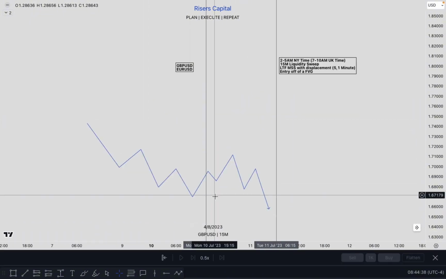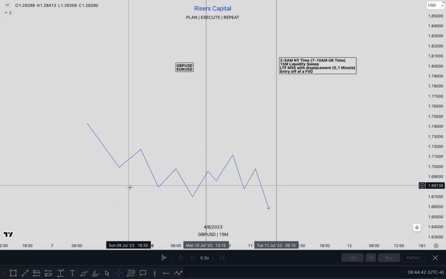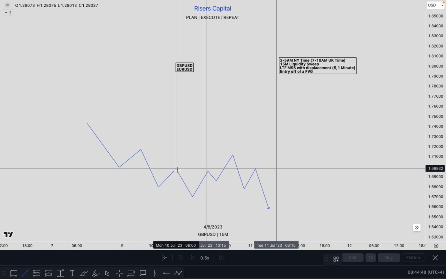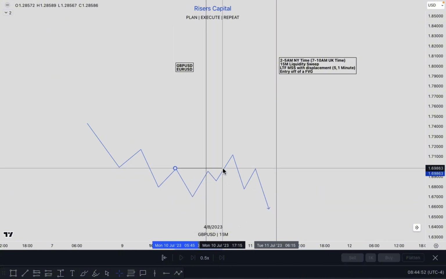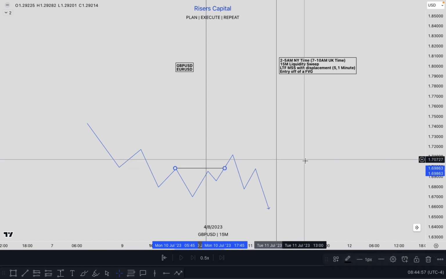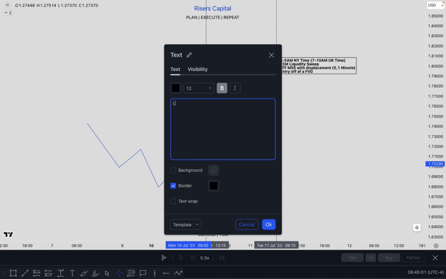So here you can see this is a bearish example. Let's say overall on a daily time frame we're bearish. What we want to see is a liquidity sweep of a swing high, which created a swing low, which is here. So this is our liquidity sweep.